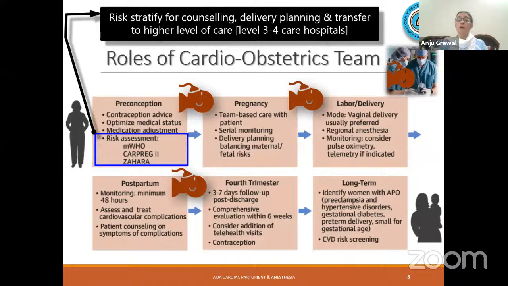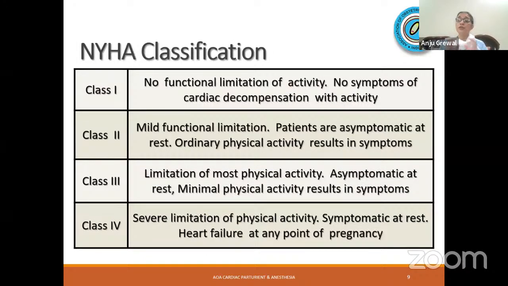So a long-term follow-up is extremely important, and hence to risk stratify them, we all are aware of the NYHA classification that we all do commonly every day, right? We range from class 1 where there is no functional limitation of activity to class 4 where there is severe limitation of physical activity.